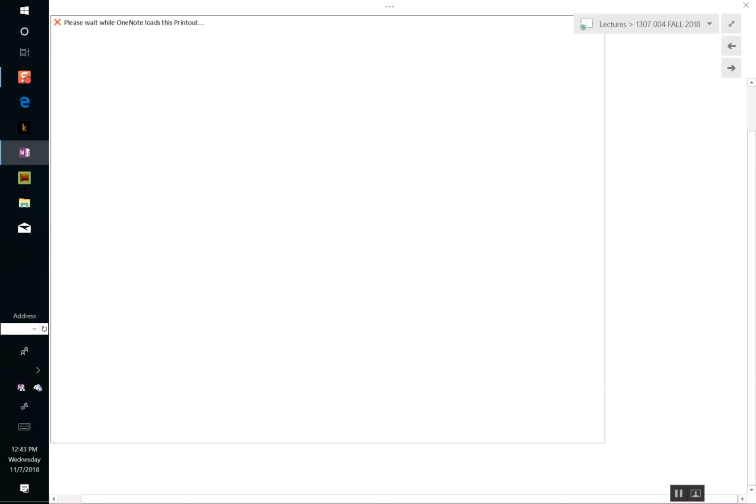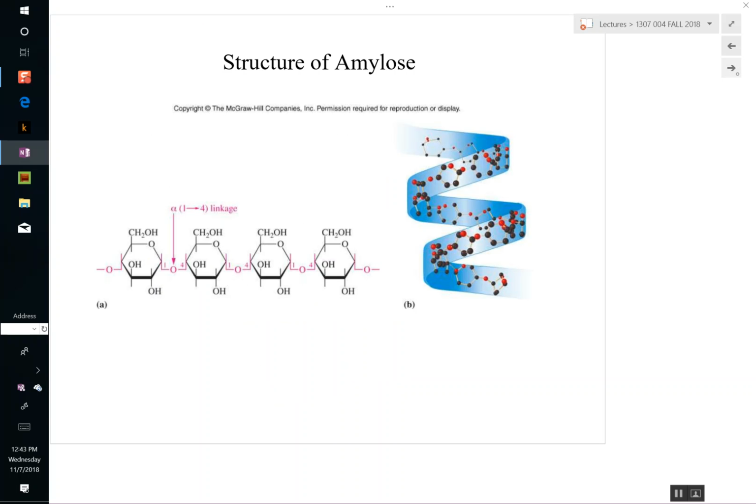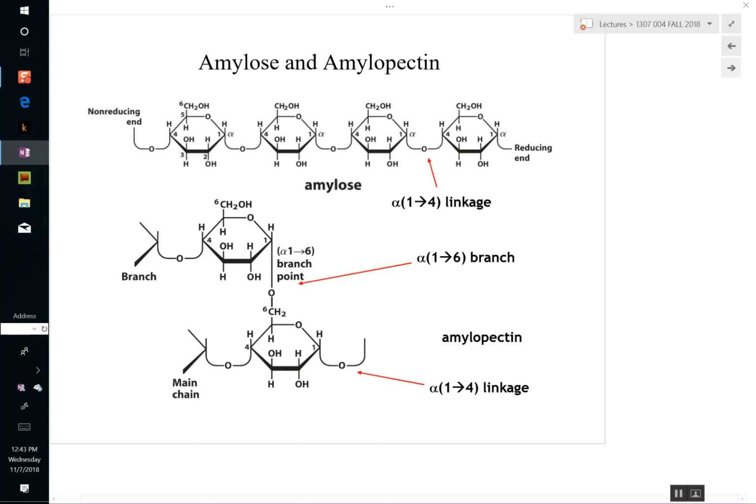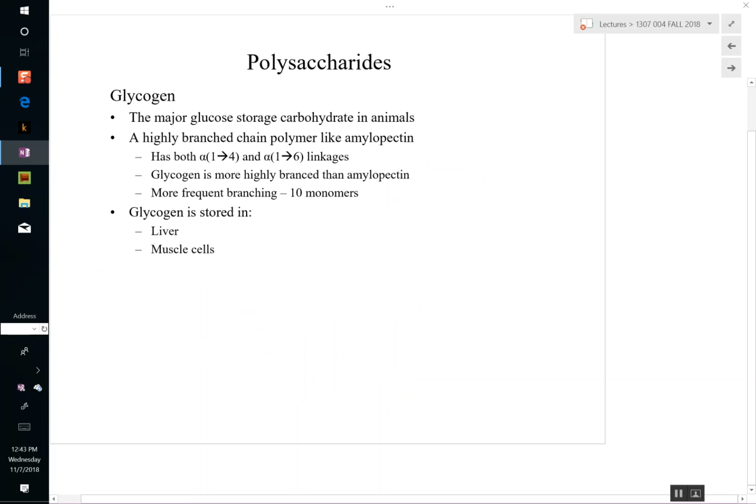Glycogen, cellulose. The importance of glycogen: that's in your body.